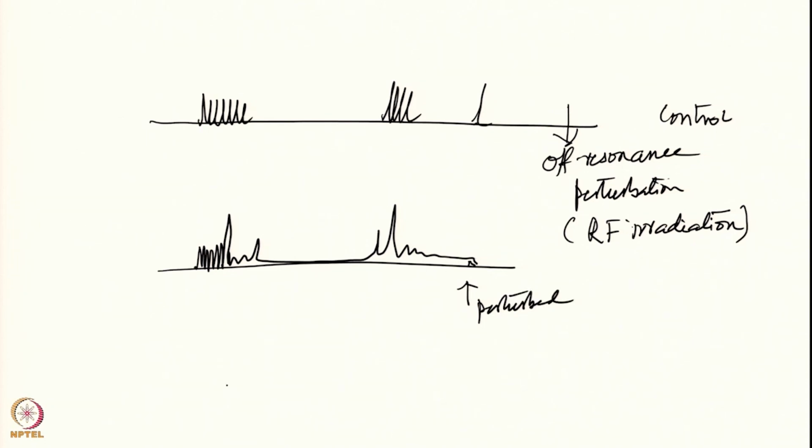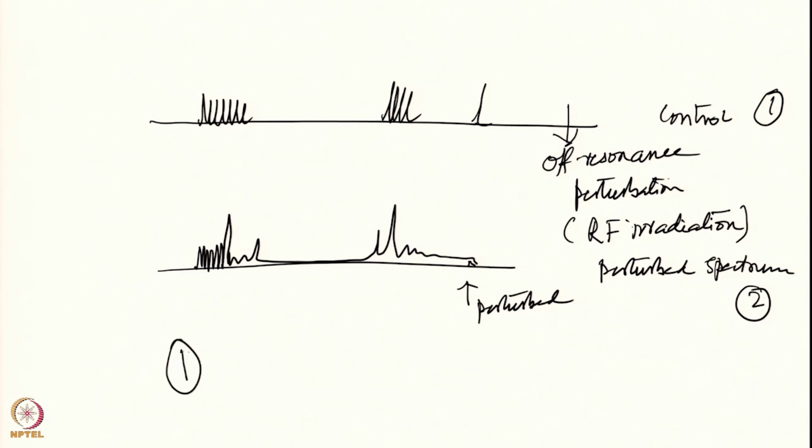So what do we do now? This is the perturbed spectrum. Let us say I call this experiment number 1, this is experiment number 2.